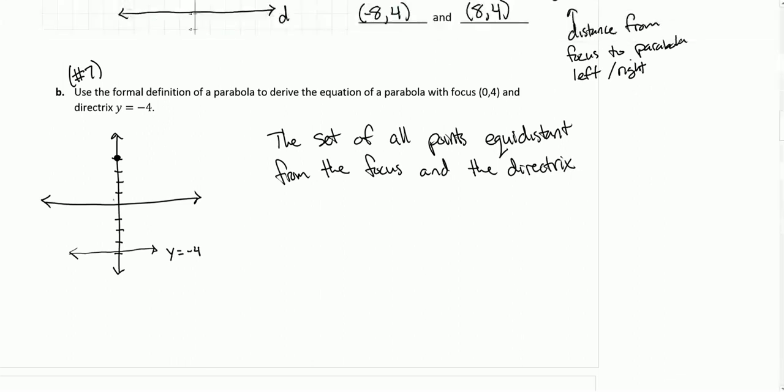So one point in particular we know is the vertex, which is the same distance from both, and then it just creates this parabola here. Something like that.